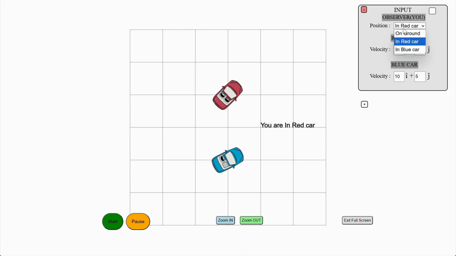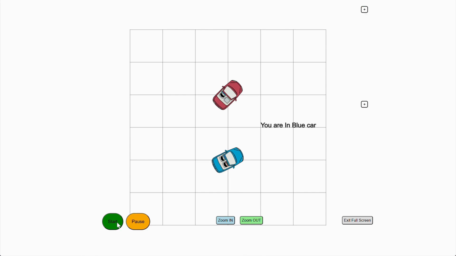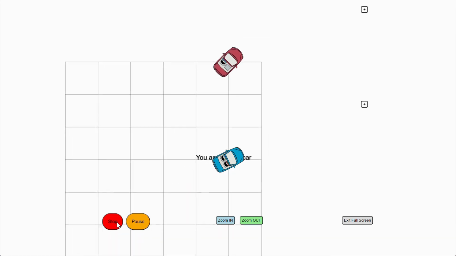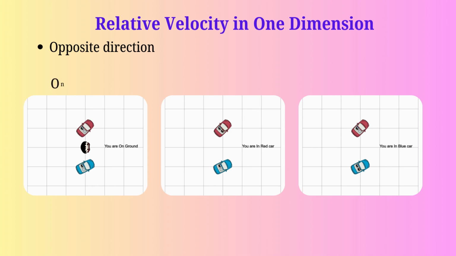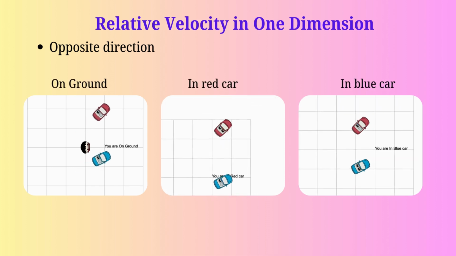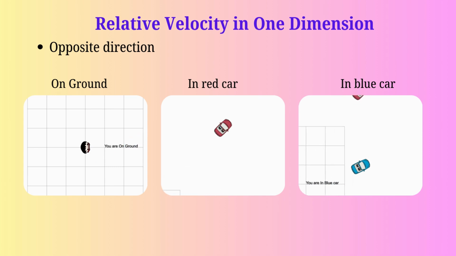Now, the observer is in the blue car. Here, we can observe the different relative velocities with respect to observer positions.